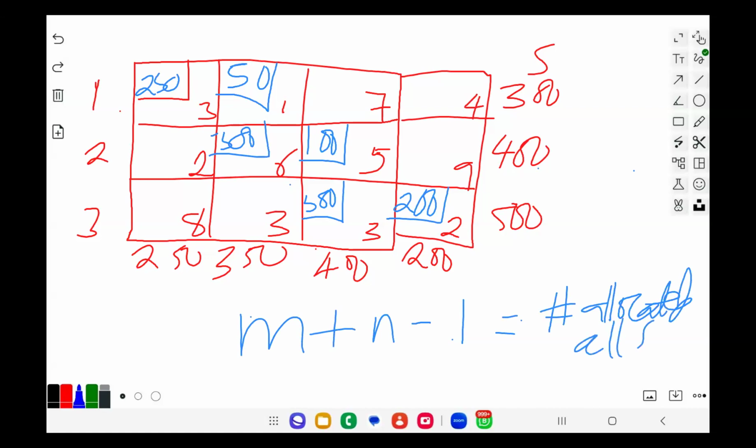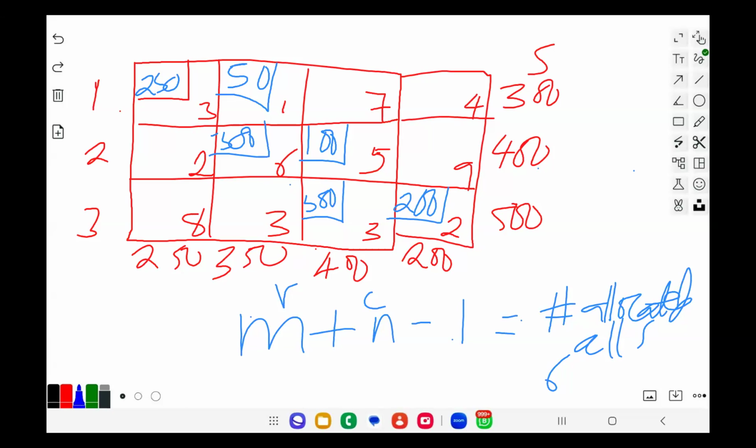How many allocated cells do we have? 1, 2, 3, 4, 5, 6. There are 6. So when we use this formula, it should agree with that. Where m is the number of rows and n is the number of columns.